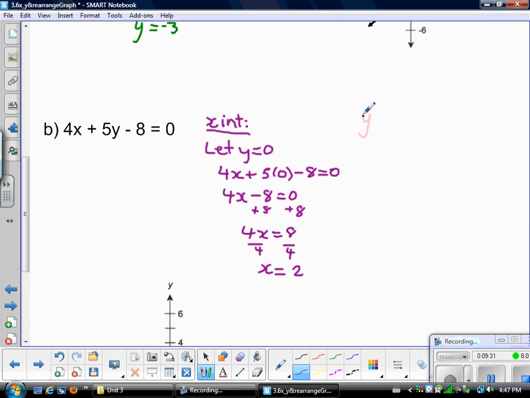There we go. So we're going to find the y-intercept. We're going to let x equal 0. So we end up with 4 times 0 plus 5y minus 8 equals 0.